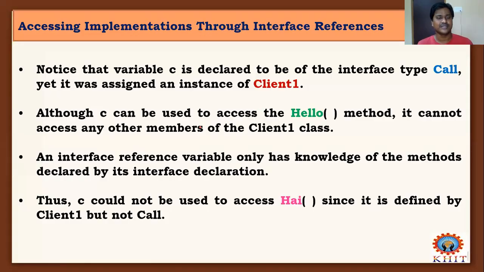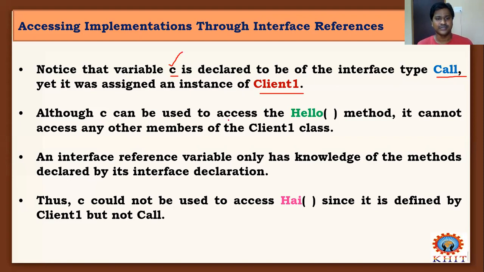Okay, coming to the actual explanation of the previous program, notice that variable C is declared to be the interface type call. Call is an interface, and it was assigned an instance of client1. Yes, the client1 object memory is assigned to the reference of this interface call, that is C. Got it?